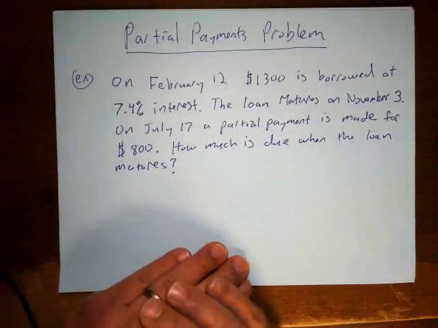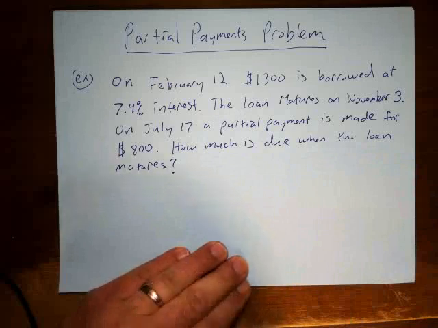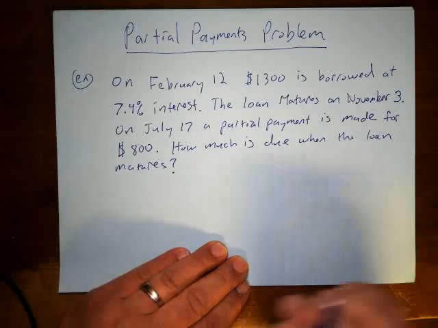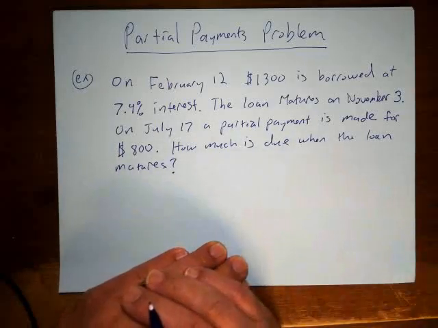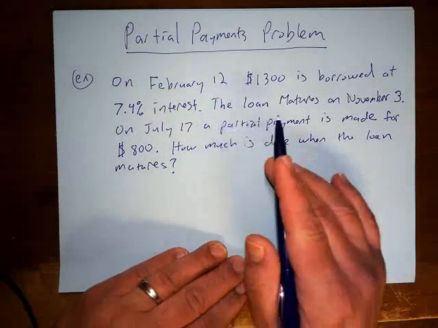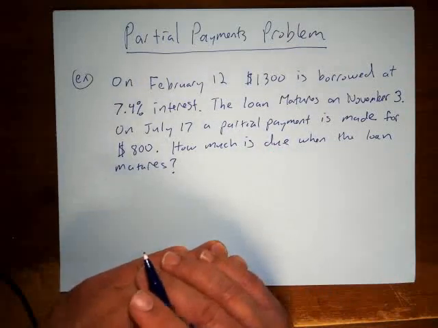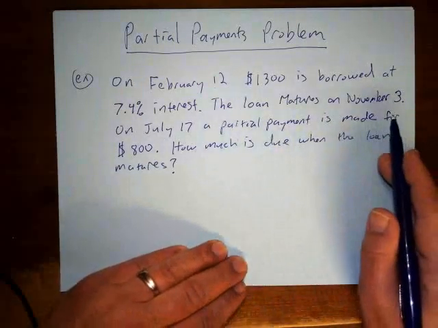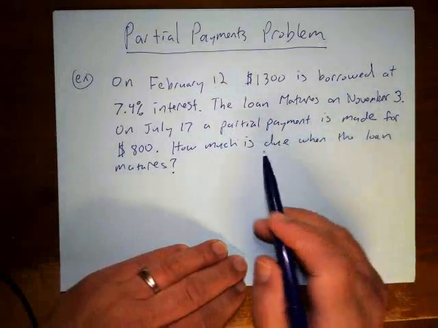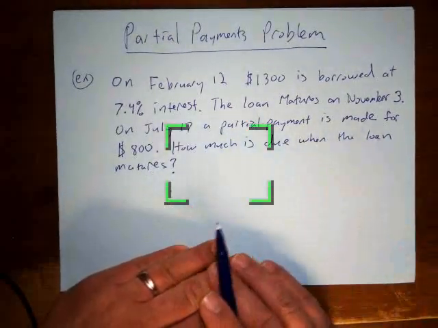And so using that, we're going to figure out how to solve one of these partial payment problems. So in this example, it says on February 12th, $1,300 is borrowed at 7.4% interest, and now the loan matures on November 3rd. Okay, but on July 17th, a partial payment is made for $800.